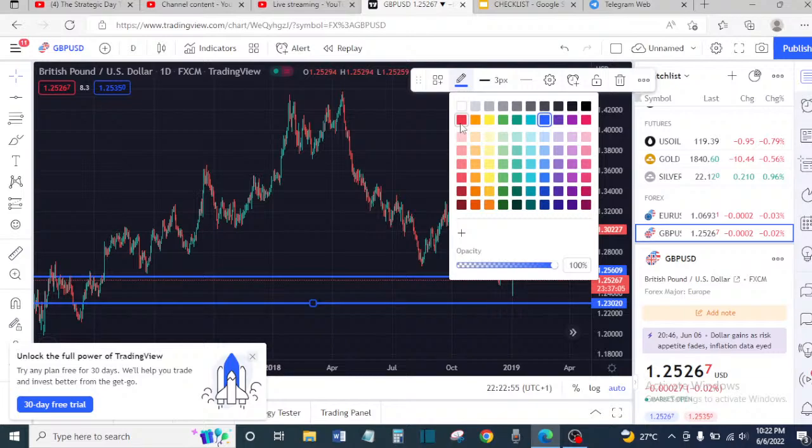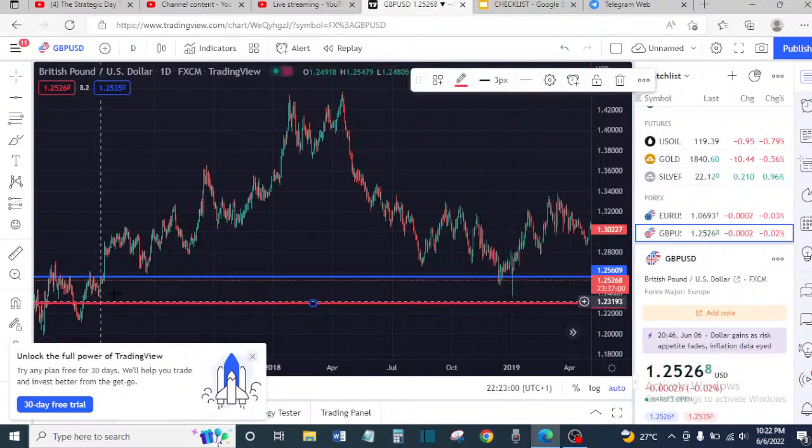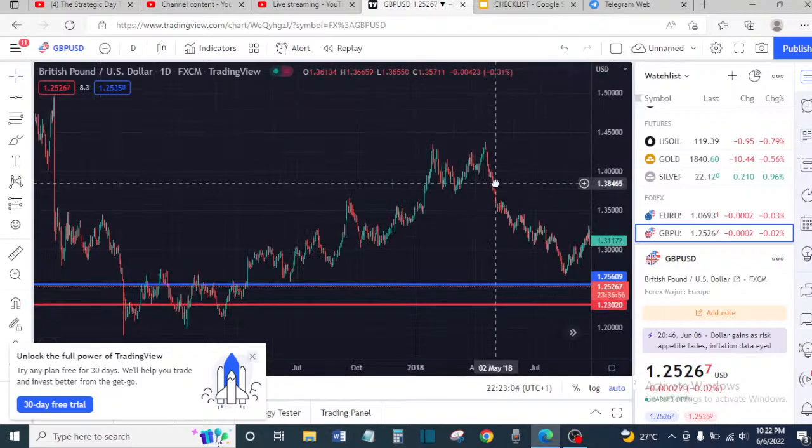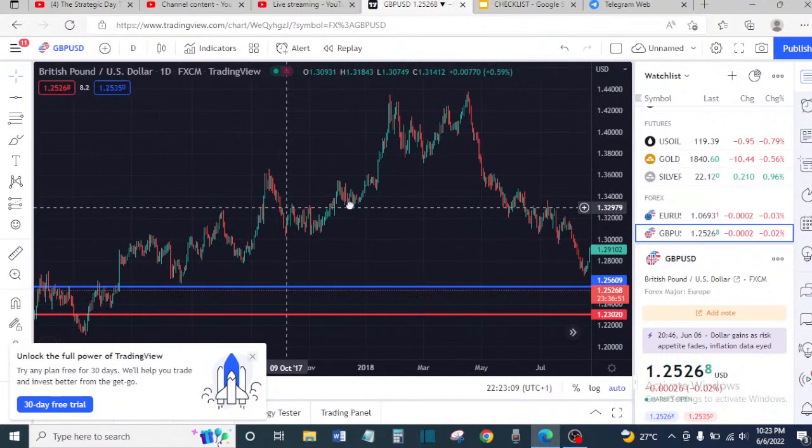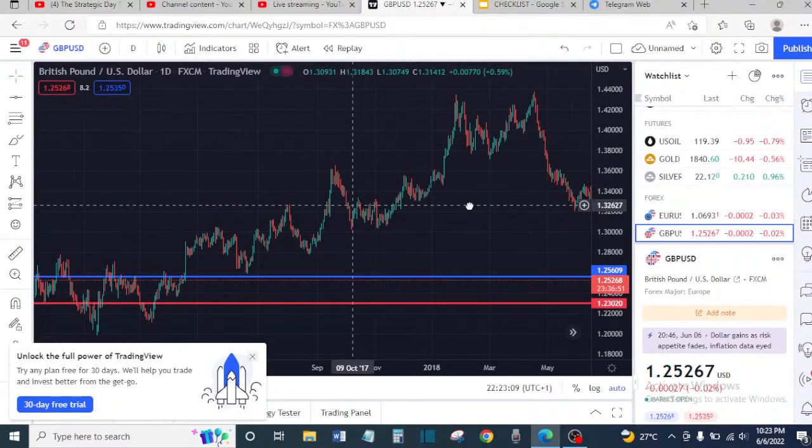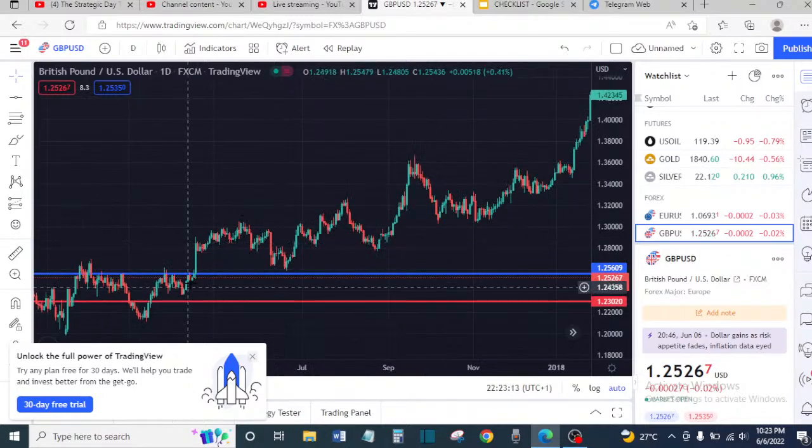Below the next low, you can see the lows. Let's see the lows very well. You can see that the low is having stops here, okay.